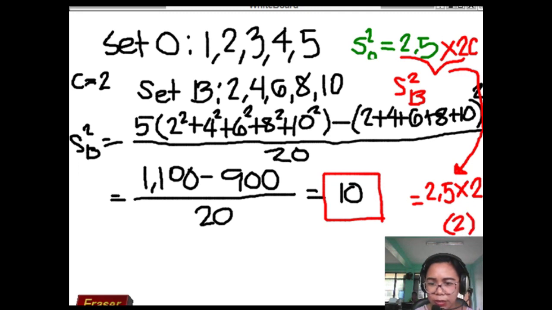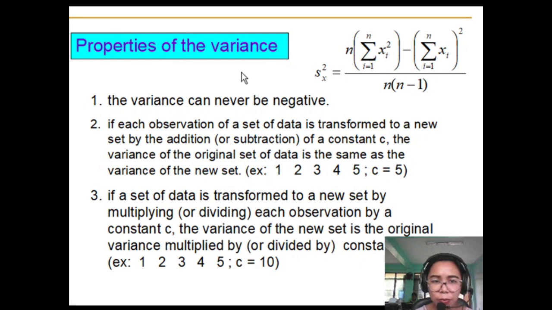Basically that is 2.5 times 4, which is equal to 10. So we have proven our third property of the variance.